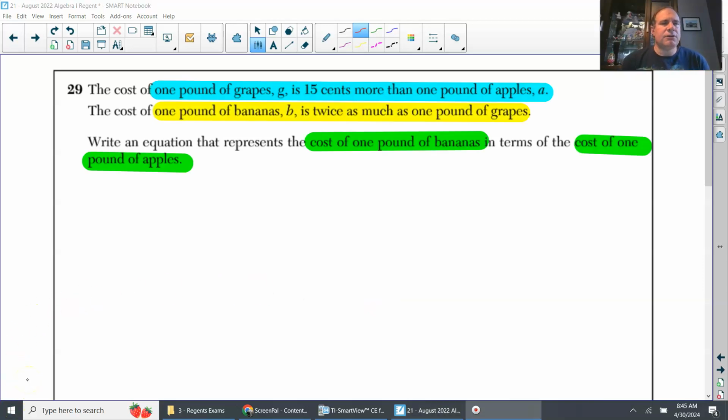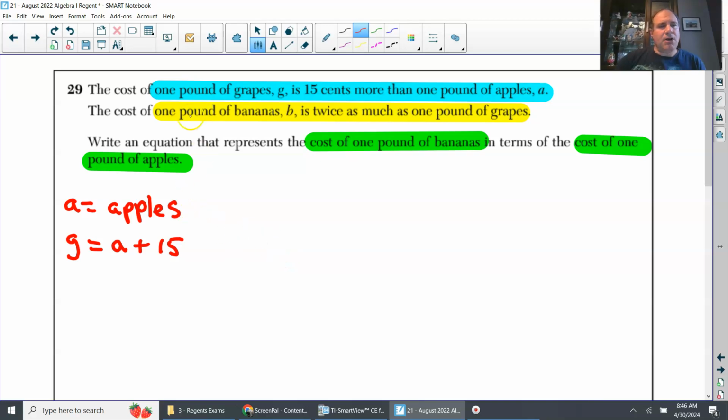Okay, number 29, the cost of 1 pound of grapes, G, is 15 cents more than 1 pound of apples. So I'm just going to put down A equals apples. The cost of 1 pound of grapes is 15 cents more than 1 pound of apples.